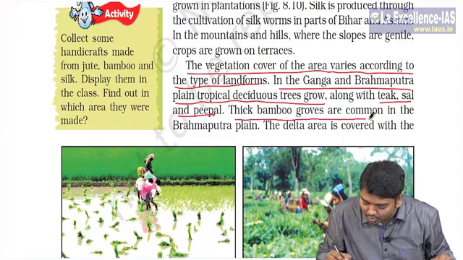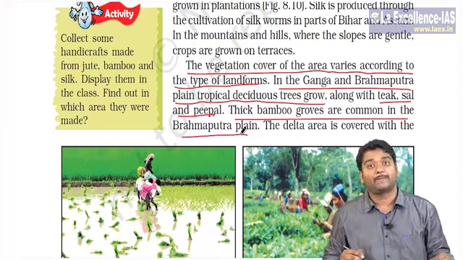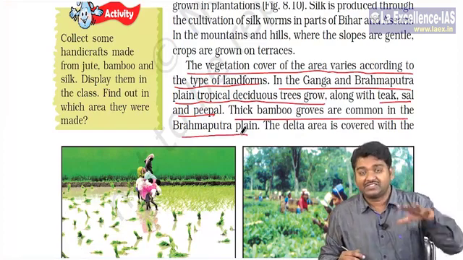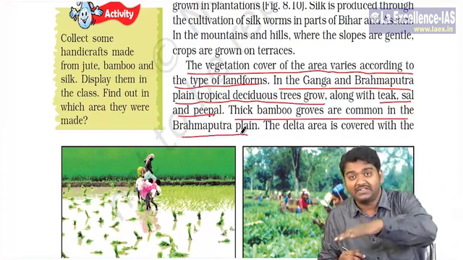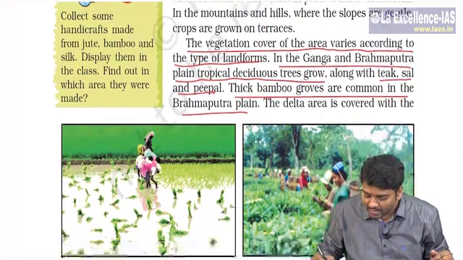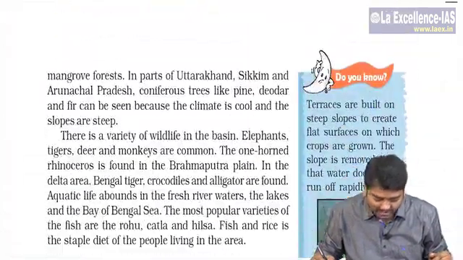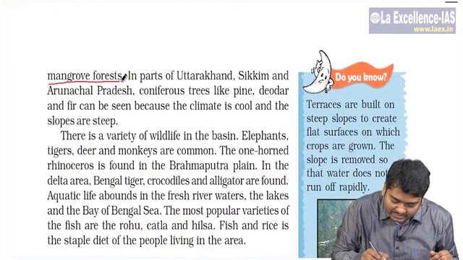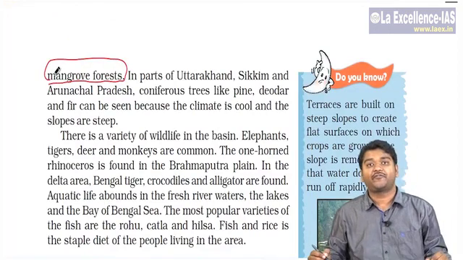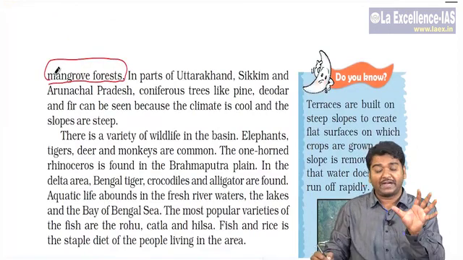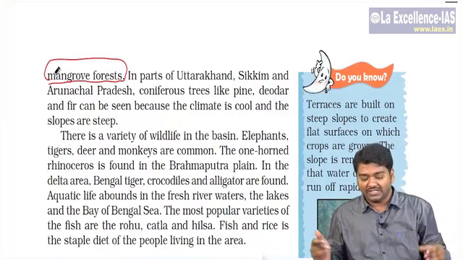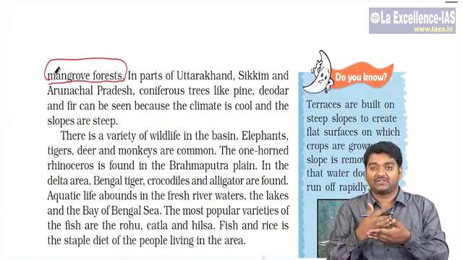Thick bamboo groves are common in the Brahmaputra plain. The delta, which is a region where the river enters into the ocean, is covered with mangrove forests. You might have heard of Sundarbans, which is spread in West Bengal and Bangladesh. It is because of the deltas which are present.